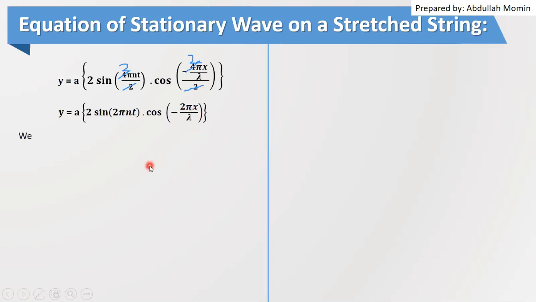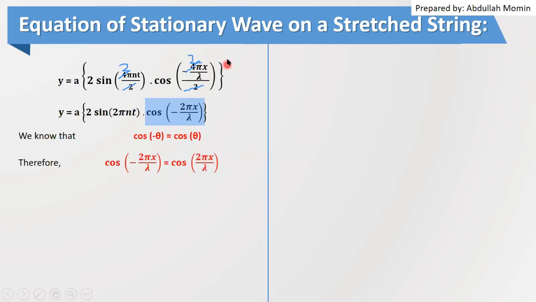And we know that cos minus theta can be written as cos theta. So instead of cos minus 2 pi x upon lambda, we can write cos 2 pi x upon lambda. So we are going to put this in the above equation, because cos minus theta can be written as cos theta.